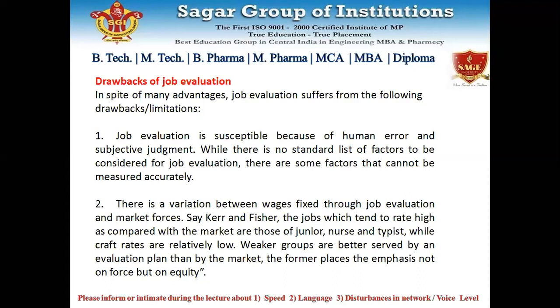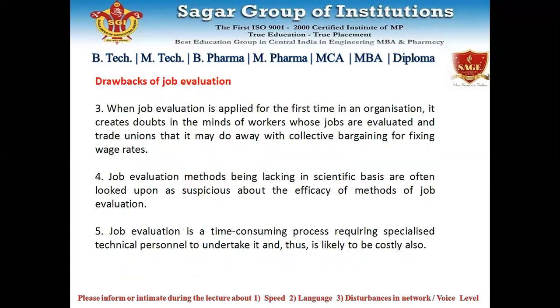And the next and last one, it may sometimes lead to frequent changes in wage or salary structure due to outside factors, like material, method, machine. Sometimes material prices are very fluctuating, and some other problems may arise.